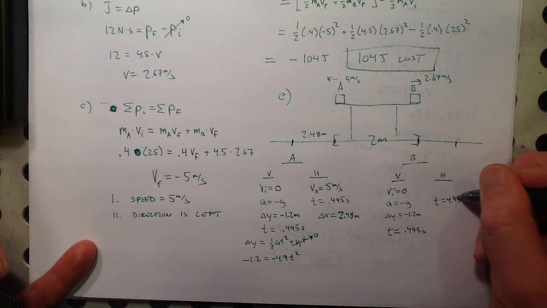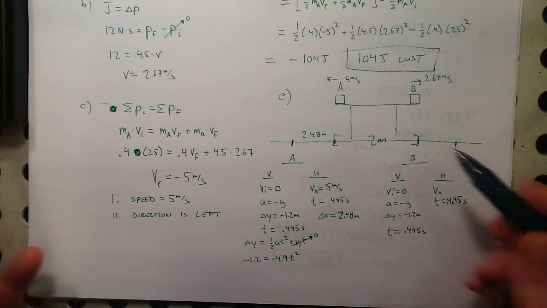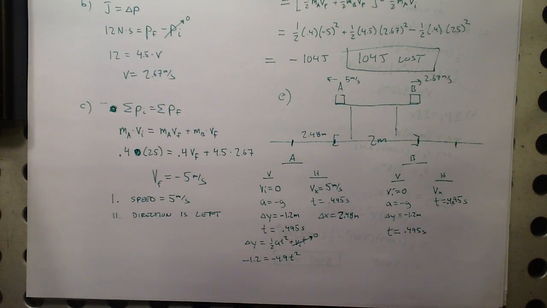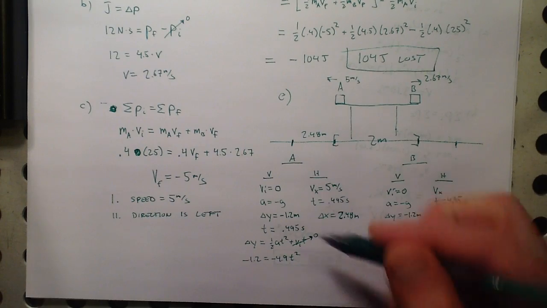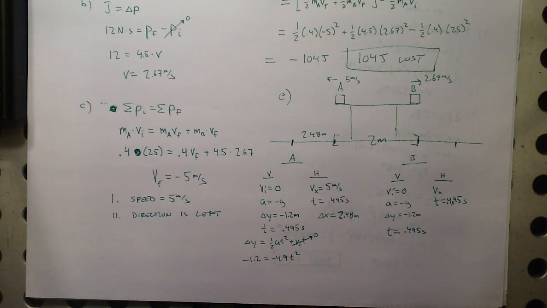That makes sense. Oops, that doesn't make sense. That makes sense. Remember that something launched horizontally will be in flight for the exact same amount of time as something that's dropped from that height, because that only depends on the vertical part, and the initial vertical velocity is 0. Remember, the bullet fired, bullet dropped.